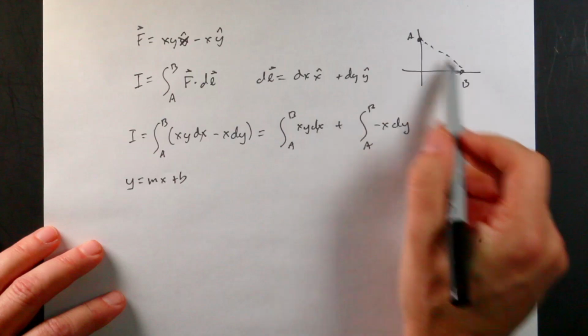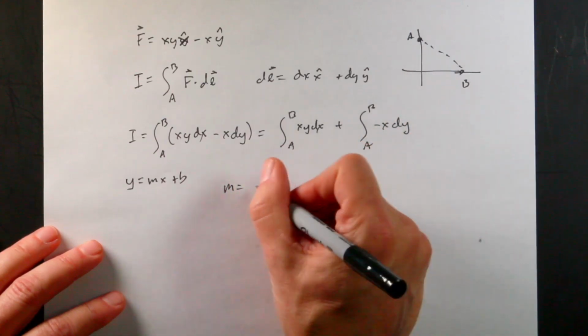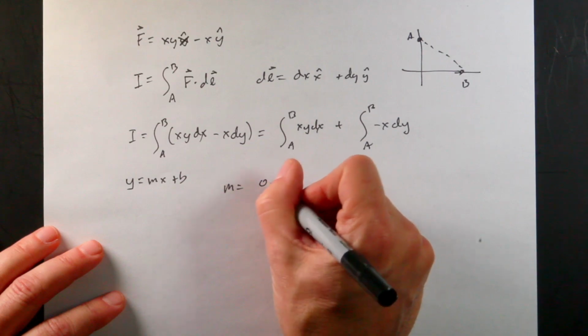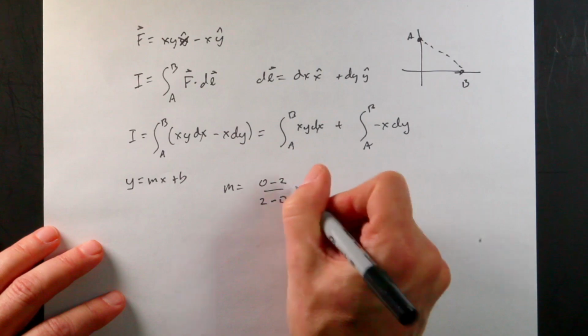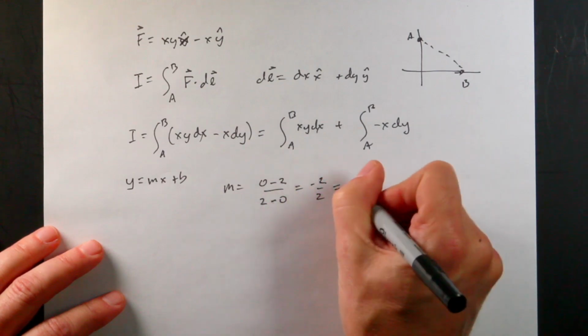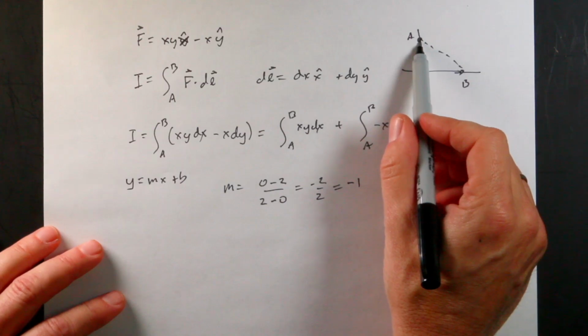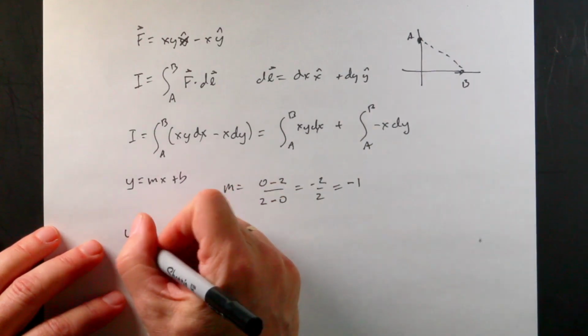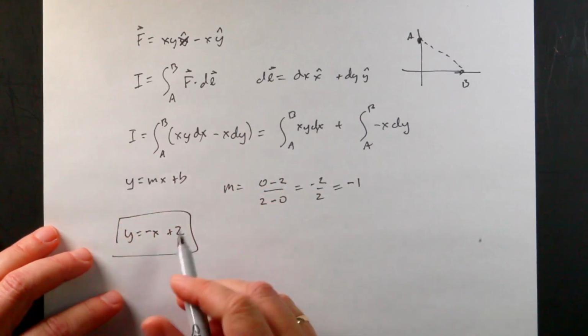And so what's the slope? m is going to be delta y, which is the final 0 minus the initial 2, over the change in x, 2 minus 0, so I get negative 2 over 2 equals negative 1. And what's the intercept? I just actually have a point right there. The intercept is y equals 2. So y equals negative x plus 2. That's my relationship between x and y.